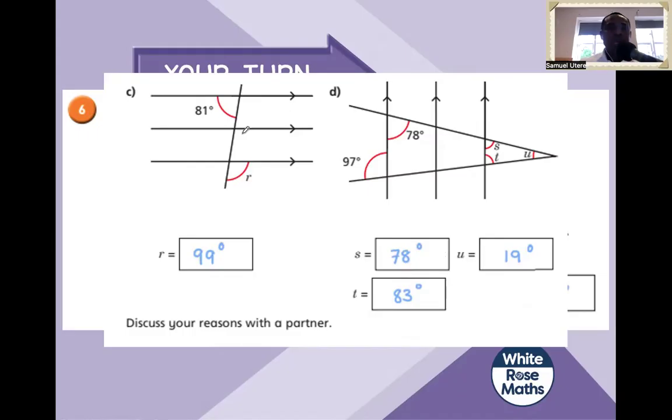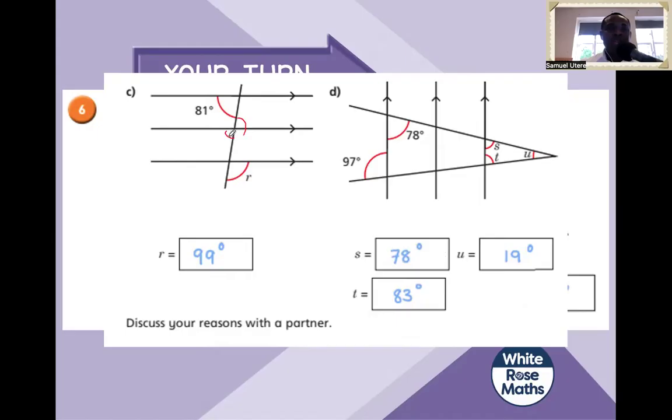For these, you can see that we can use this angle here to get this angle here, all right? So this will be alternate, so that will be 81 degrees here. And then if it's 81 degrees there, then it should be 81 degrees here as well. They're vertically opposite, okay?